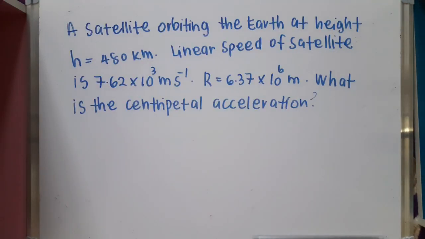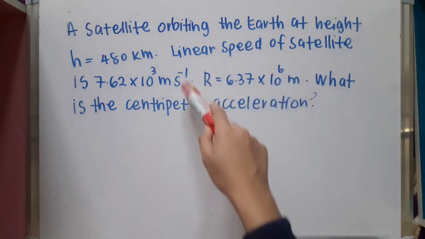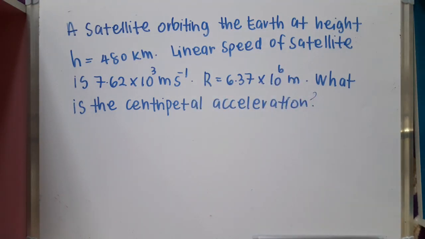Okay class, so for example, a satellite orbiting the Earth at height 480 km, linear speed of the satellite is 7.62 times 10 to the power of 3 meter per second, and R, capital R, is equal to 6.37 times 10 to the power of 6 meter, which is always constant. What is the centripetal acceleration?